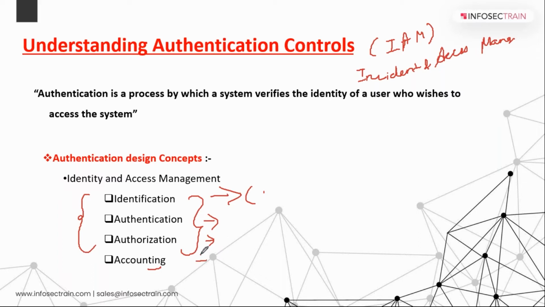In accounting, we track all the records of authorized usage of the resources. We also generate an alert when an unauthorized user is detected or through multiple login attempts. So these are the concepts of identity and access management.